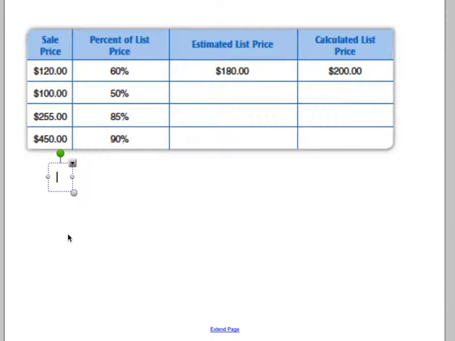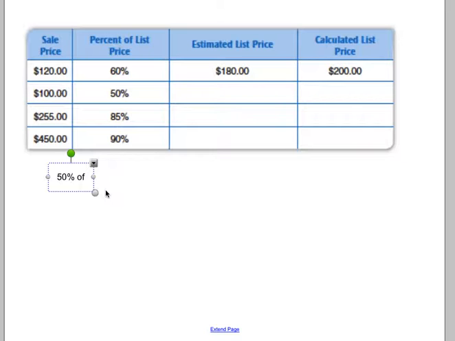Well, if I think about the problem that I just did, to find the sale price, I did some percent of the regular price equaled the sale price. But here I know the sale price. So I'm thinking, okay, let's take our second one for an example here.